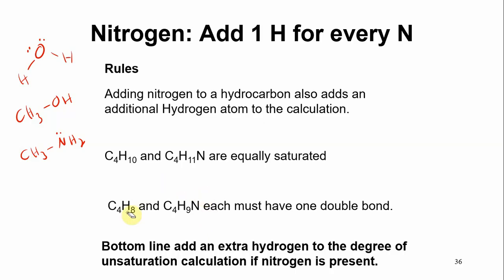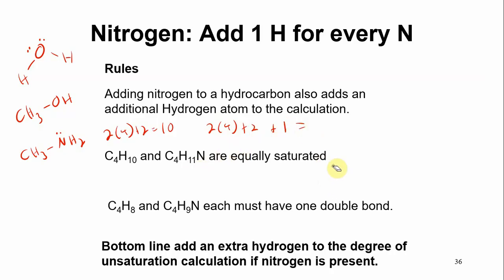For every nitrogen in your saturated formula, you have to add an extra hydrogen. So for this one, C4H9, or this one, C4H10. Now this is 2n plus 2, so if we have 4, 2 times 4 plus 2 equals 10, right? So that's a saturated formula. But this one, 2 times 4 plus 2 plus 1 for the nitrogen.